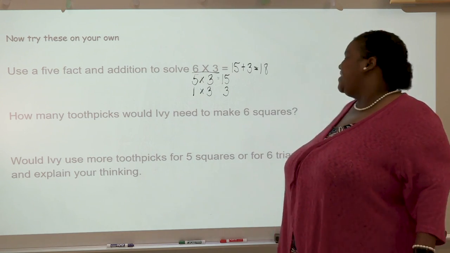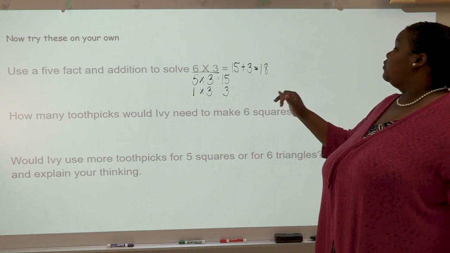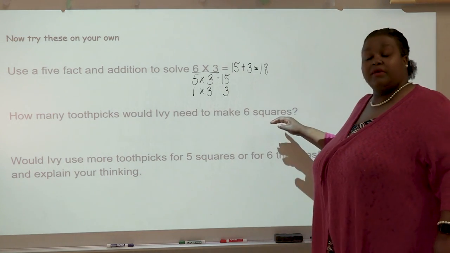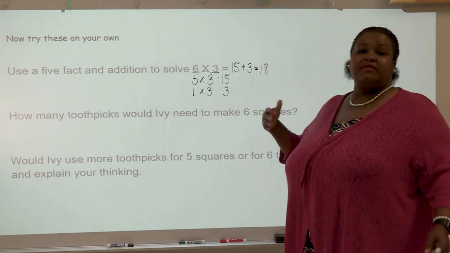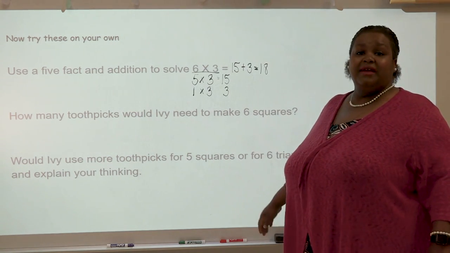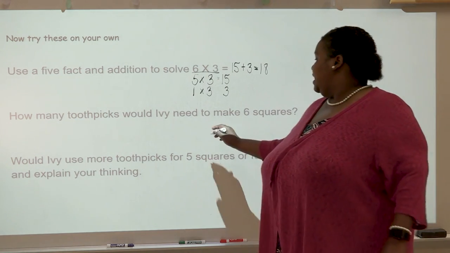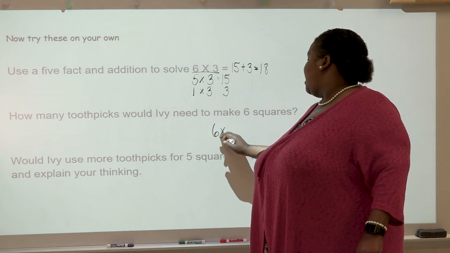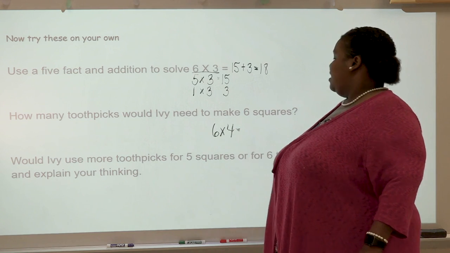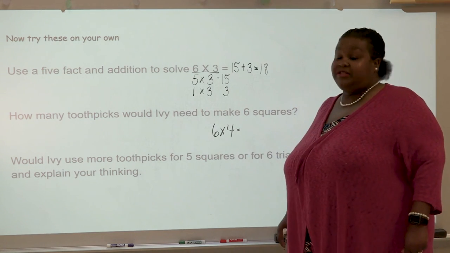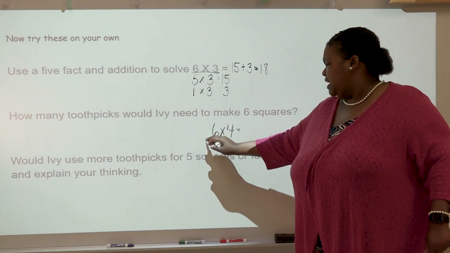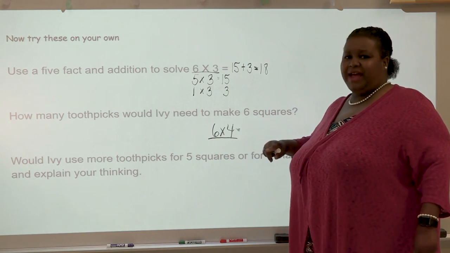All right? If you had that one right, kiss your brain. Mwah. All right. How many toothpicks would Ivy need to make 6 squares? Now, show me with your fingers how many sides a square has. And you should be showing me 4. So, this is saying 6 times 4. All right. I could use a strategy. Oh yes, let's do that. I like that idea.